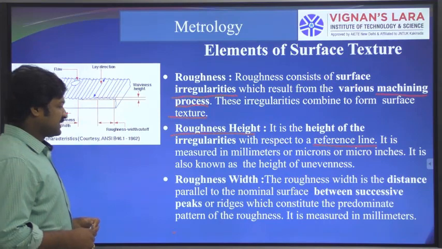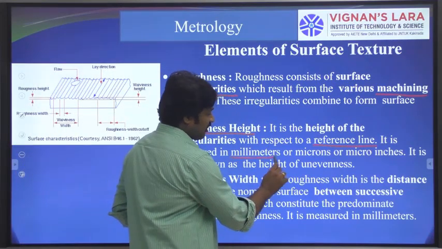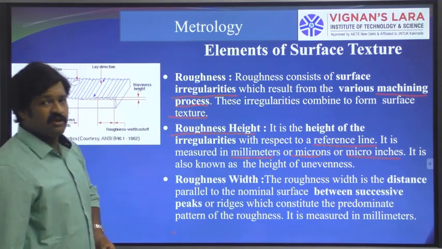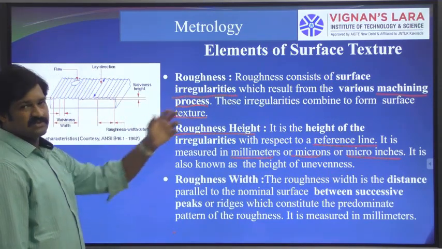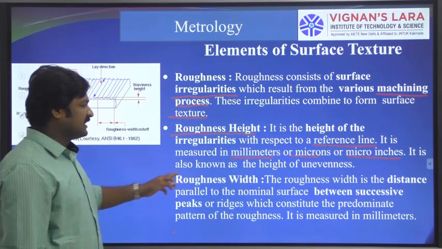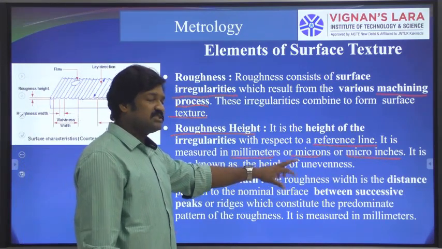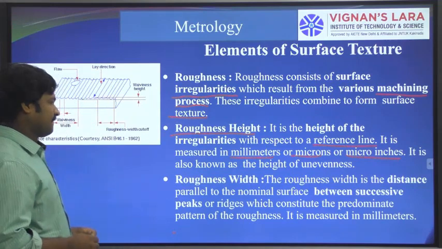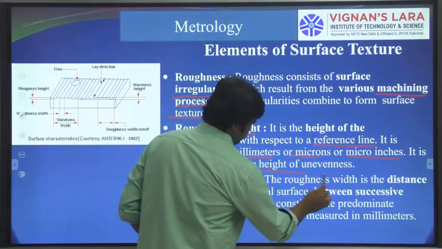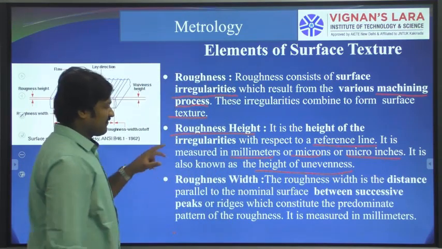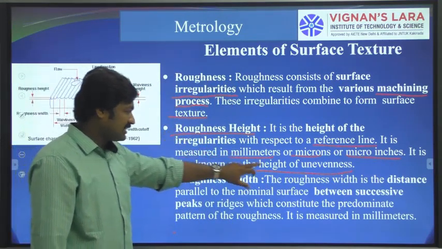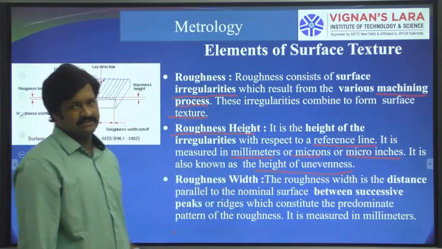It is measured in millimeters or microns or micro inches, so depending upon the application various units can be used. It is also known as height of unevenness. Surface roughness height is also called height of unevenness.